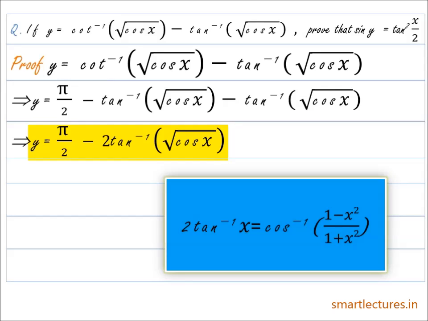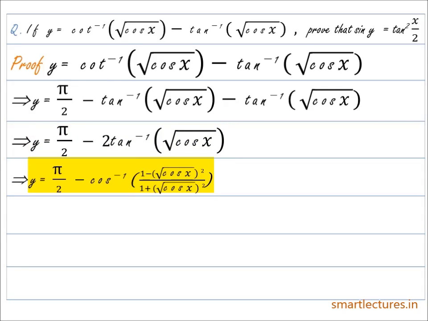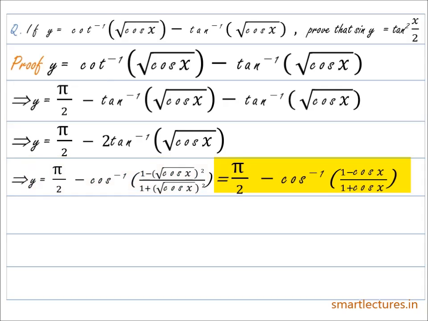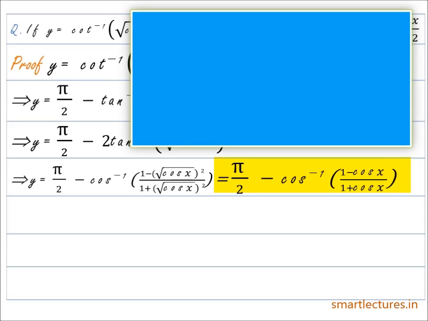So this equation can be also written as y is equal to half pi minus cos inverse 1 minus square root of cos x divided by 1 plus square root of cos x, and which can be further simplified as y is equal to half pi minus cos inverse 1 minus cos x upon 1 plus cos x, and 1 minus cos x is equal to 2 sin square half x, and 1 plus cos x is equal to 2 cos square half x.